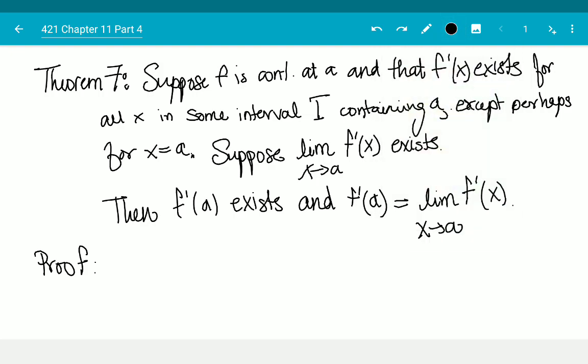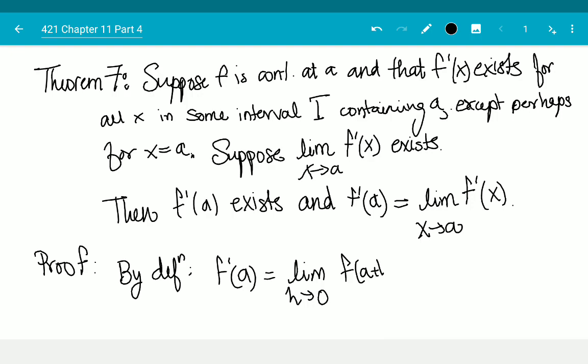How do we prove that? Well, by definition, f prime of a is equal to the limit as h goes to 0 of f of a plus h minus f of a over h, right?